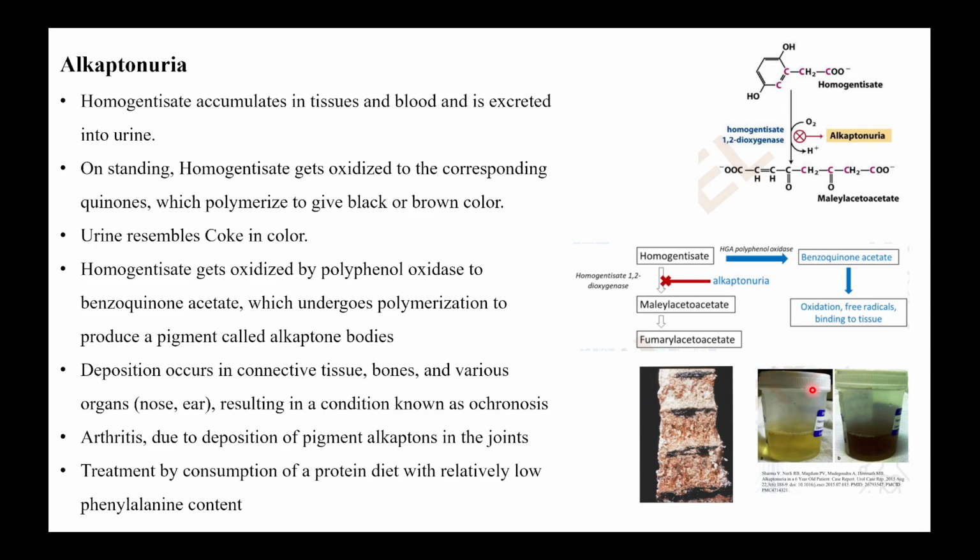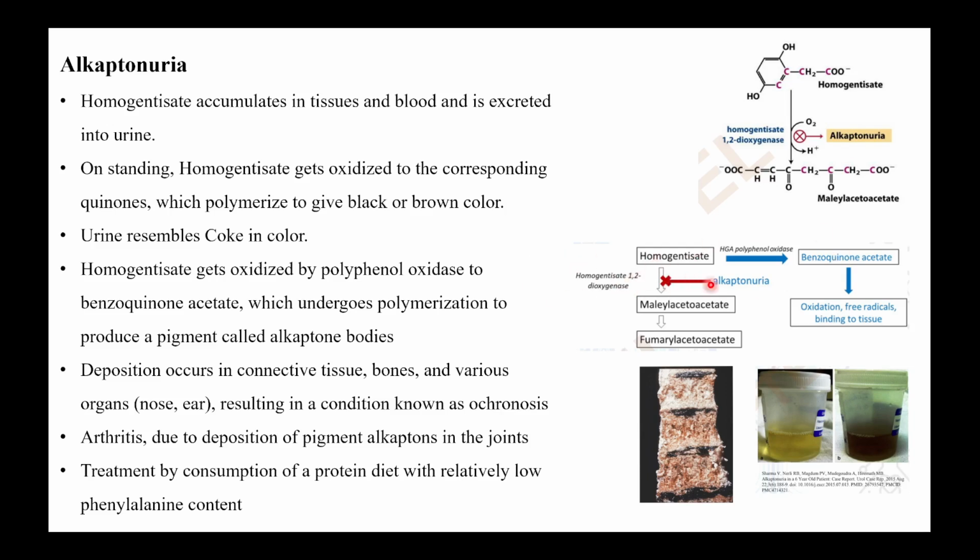Okay, so urine resembles coke in color. You know how coke looks. So that color, the urine turns into that color. Homogentisate gets oxidized by polyphenol oxidase to benzoquinone acetate. So this is homogentisate.